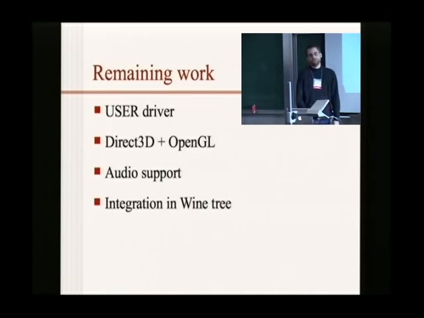Then I need to figure out how to make all of this build from the wine tree, which is going to be interesting because there is Java code. And of course, I can put the graphics driver in the wine tree, but the graphics driver is not going to do anything useful unless it can call Java.